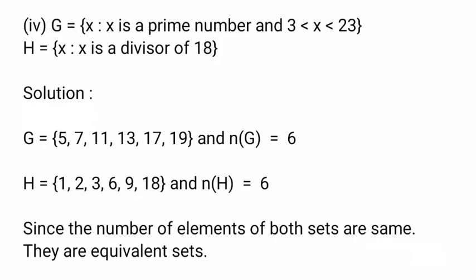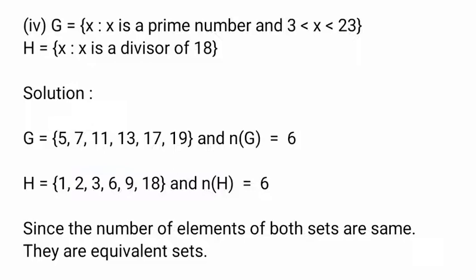Fourth one: G equals x such that x is a prime number and 3 < x < 23. H equals x such that x is a divisor of 18. Solution: set G equals the prime numbers between 3 and 23, that is 5, 7, 11, 13, 17, 19, and n(G) equals 6.